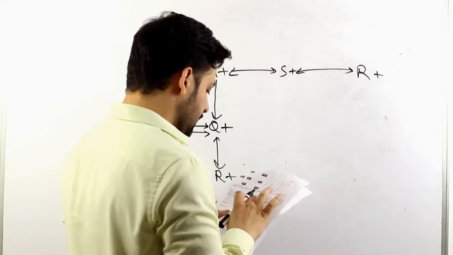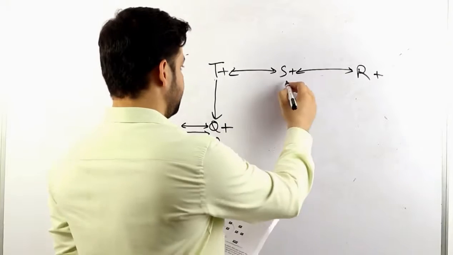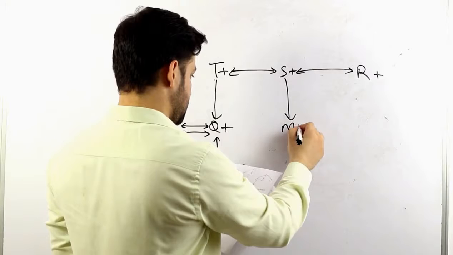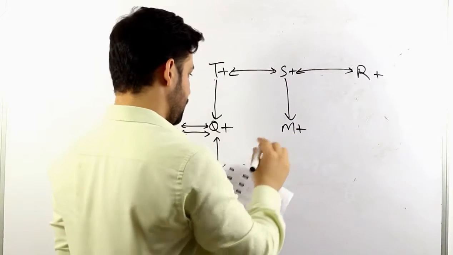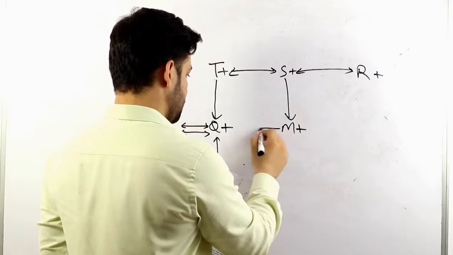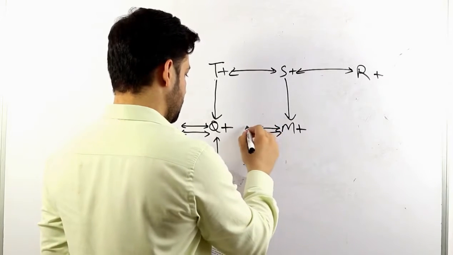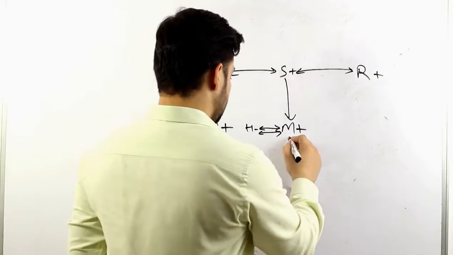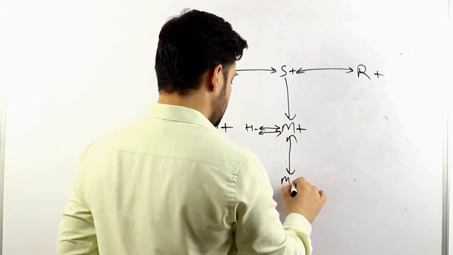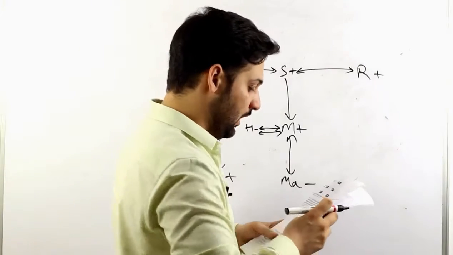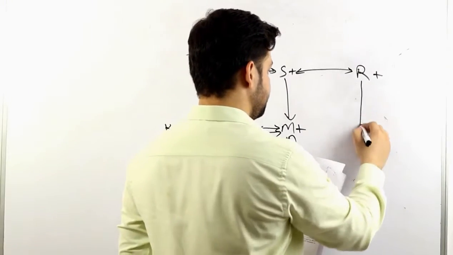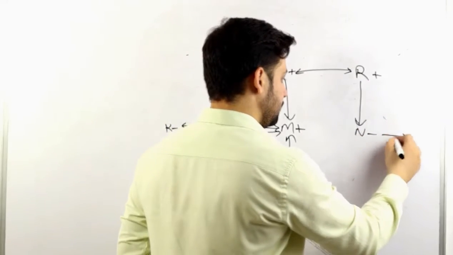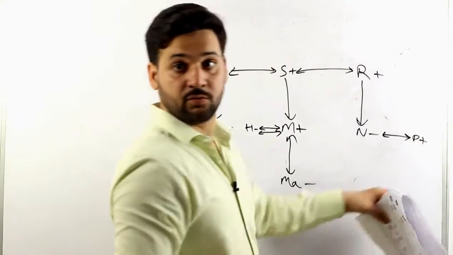M is the son of S, who is married to H. And this couple is blessed with a daughter, Madhavi. R has a daughter, N, who is married to P. I hope you can read this up to this point.